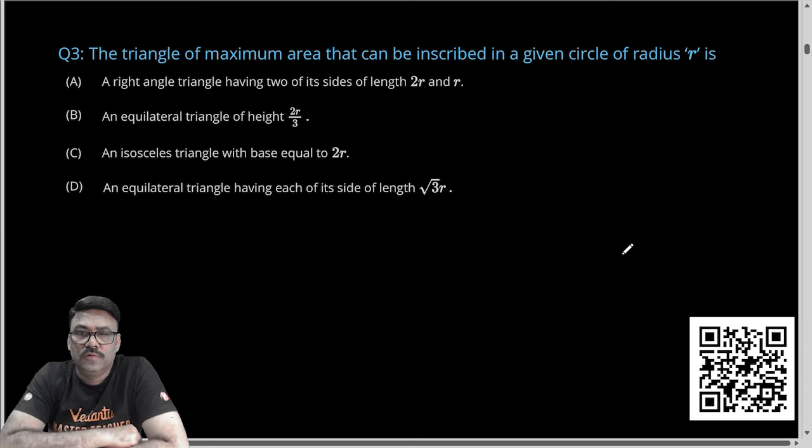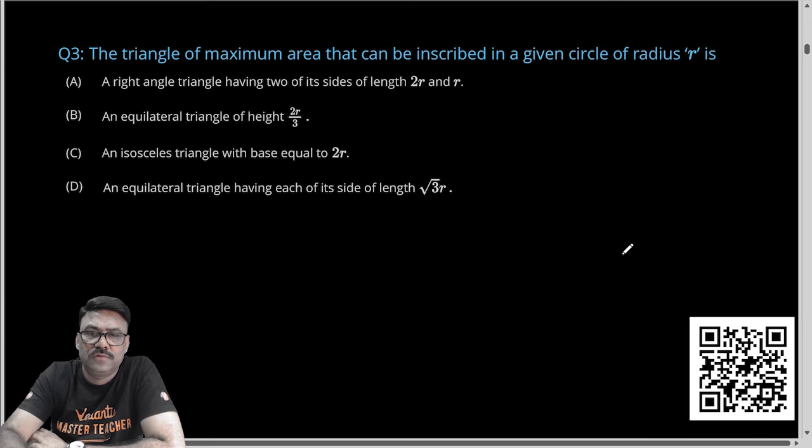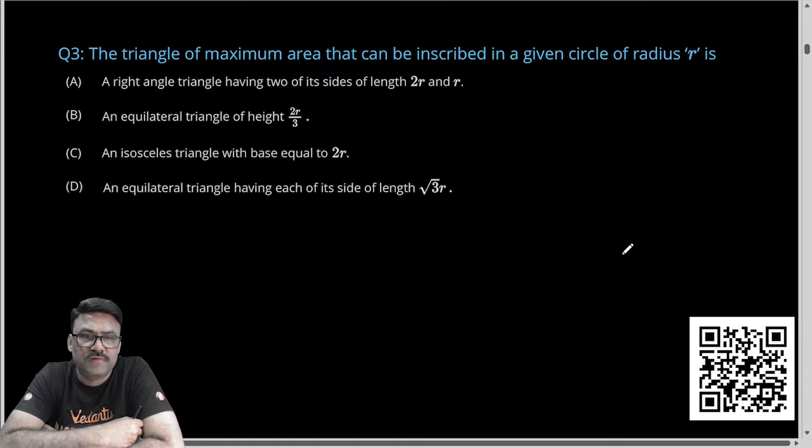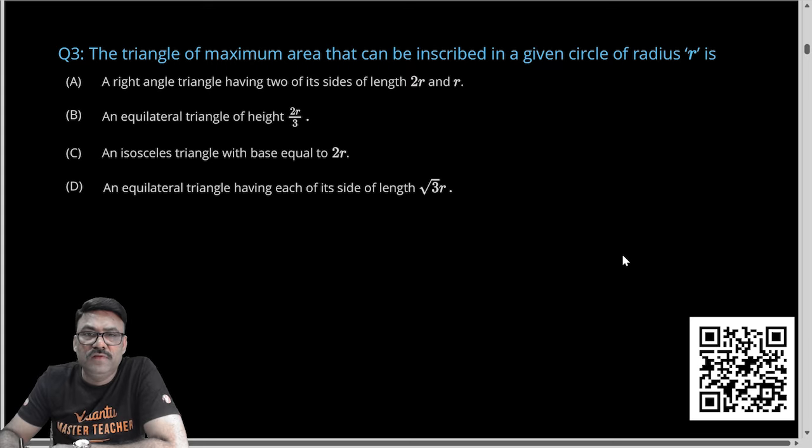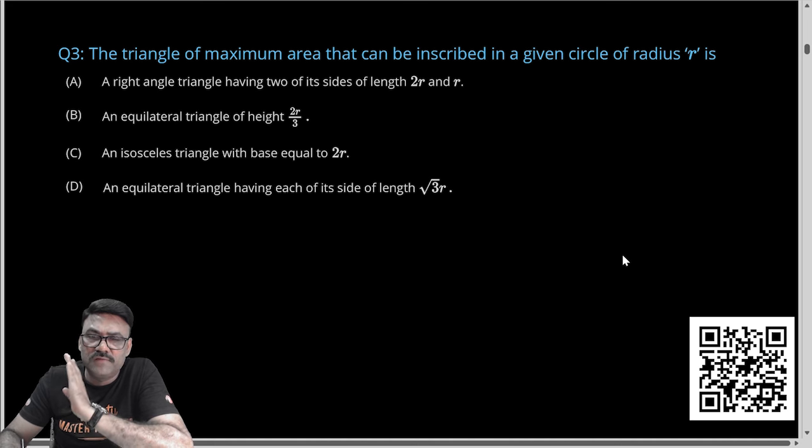So you have to find the maximum area of the triangle that can be inscribed in a circle of radius r. So whenever a circle is given of radius r and a triangle is inscribed in the circle, the triangle will have a maximum area if it is an equilateral triangle. Keep it as a result in your mind.